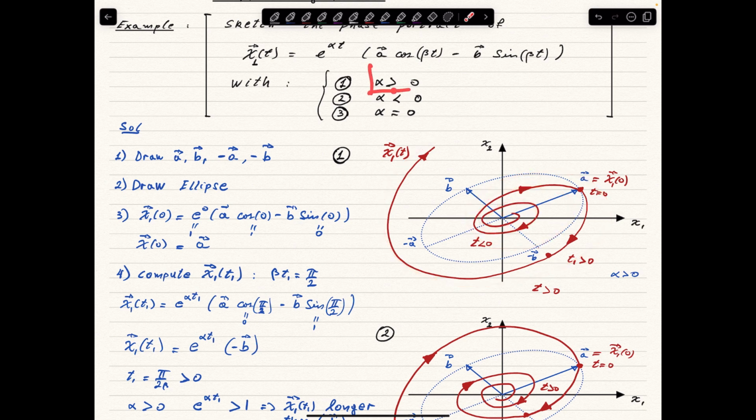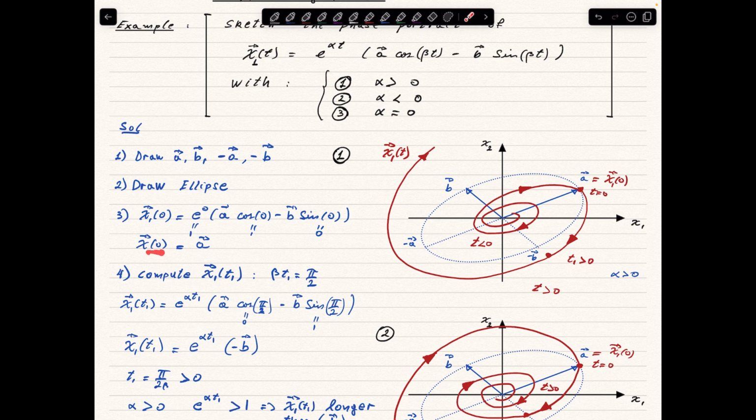This is in the case alpha positive. The way we found this graph is very simple. We first draw the vectors a, b and their negatives, these four vectors, then the ellipse that is formed by these vectors, and then we gave a couple of values to the solution.